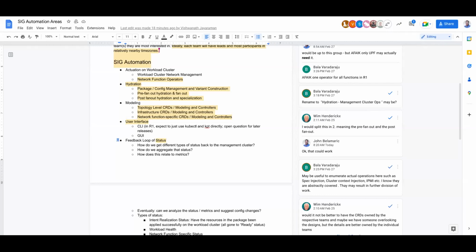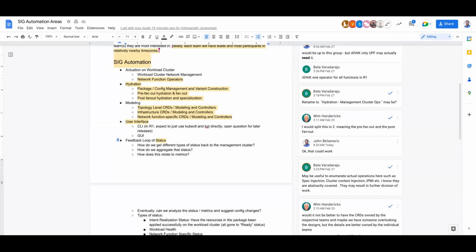However, in some of them it was mostly about CRDs and modeling. So for each of these points, it would be good to point out which component it belongs to and what technology is needed. That would help people decide which working group and which topic they want to choose.